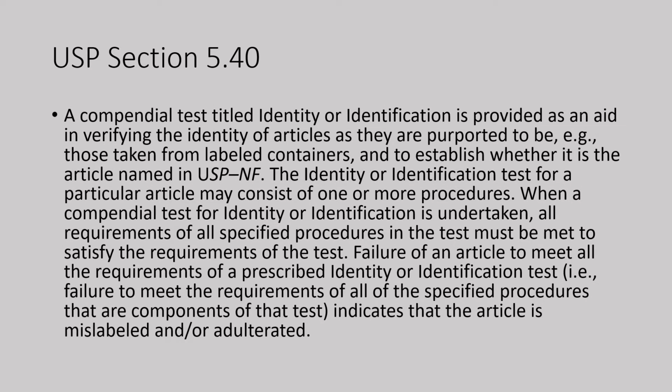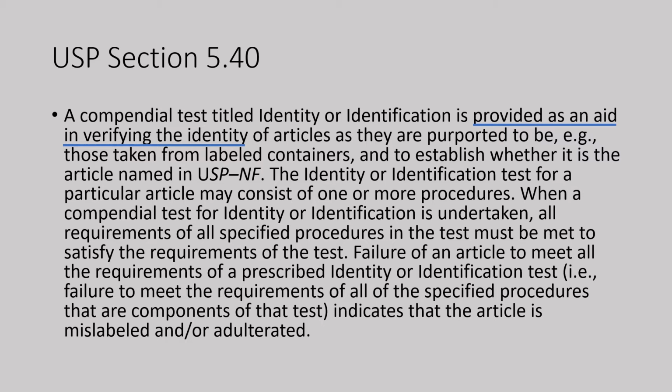A compendial test titled Identity or Identification is provided as an aid in verifying the identity of articles as they are purported to be, for example, those taken from labeled containers, and to establish whether it is the article named in USP NF.